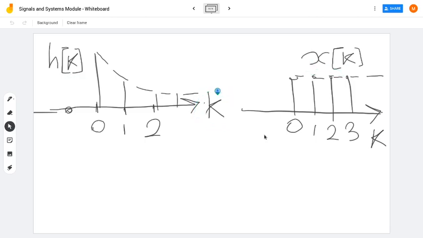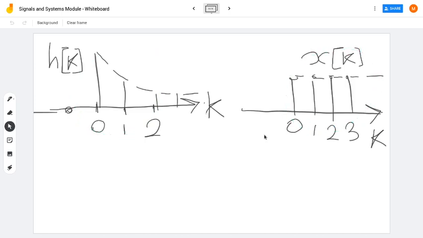The second step, we will choose one signal to keep as is, and the other signal will be mirrored and then shifted. Usually, we choose the simpler signal to mirror and shift, and the more complicated signal we keep as is. So I will choose to keep h as is, and I will mirror and shift x of k.